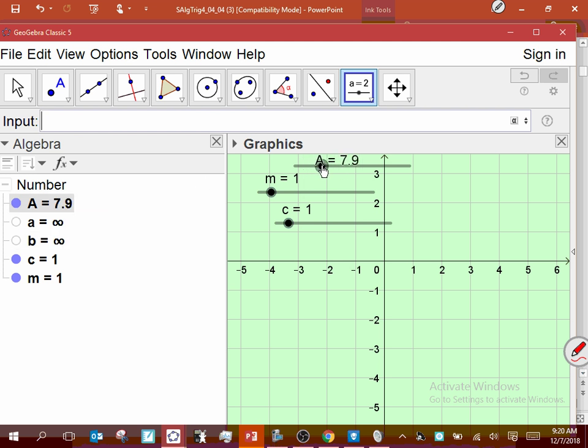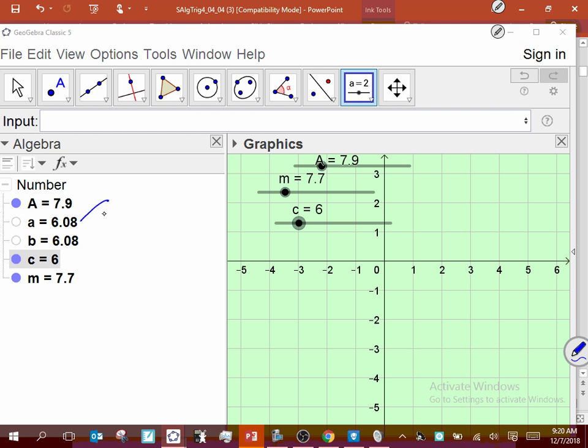If I start changing these values of A, M, and C, okay, so right now what I've got in behind that is log base M, so M is 7.7, of A, so 7.9 to the 6.